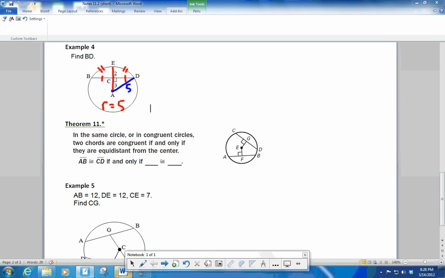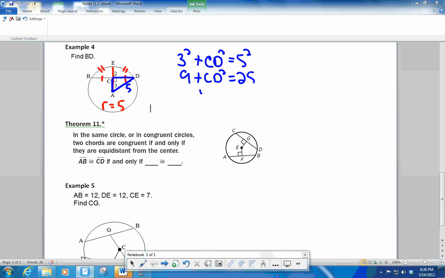And so I have a right triangle here with a leg of 3 and a hypotenuse of 5. And so I can find what CD is by using the Pythagorean theorem. So I have 3 squared plus CD squared equals 5 squared. 3 squared is 9, 5 squared is 25.